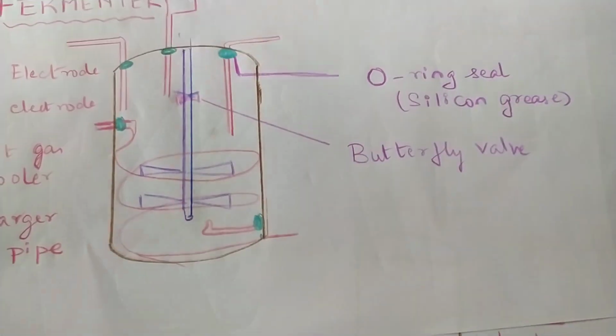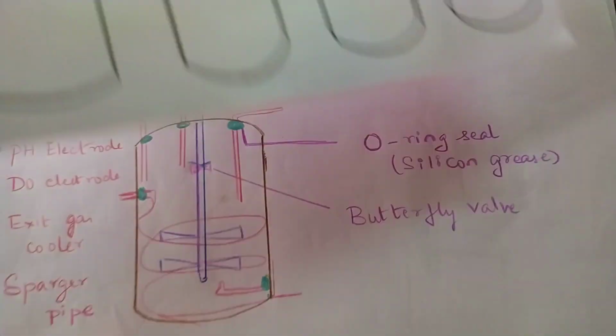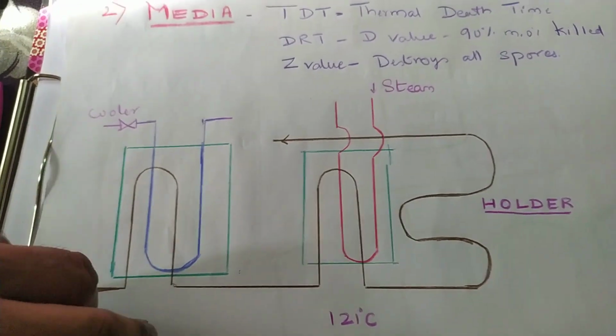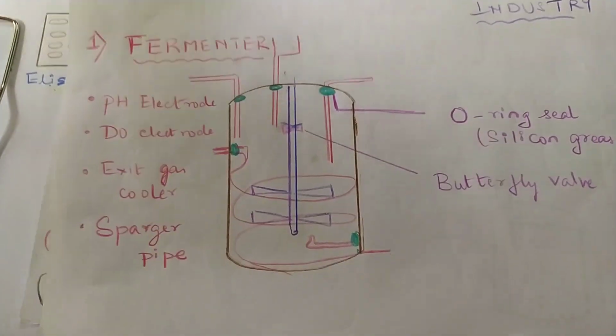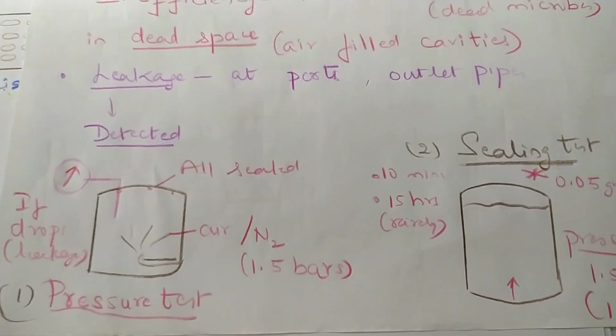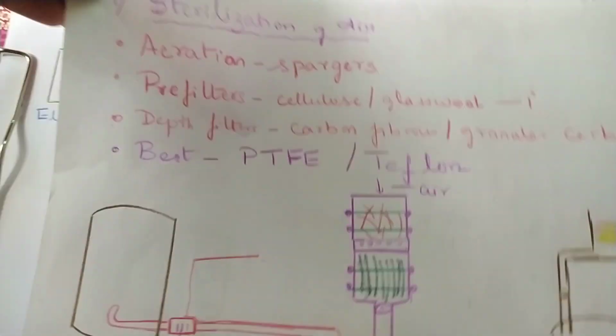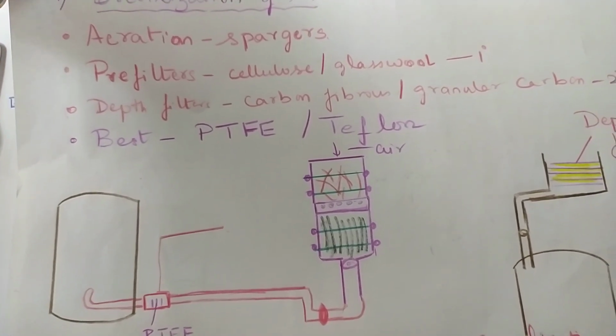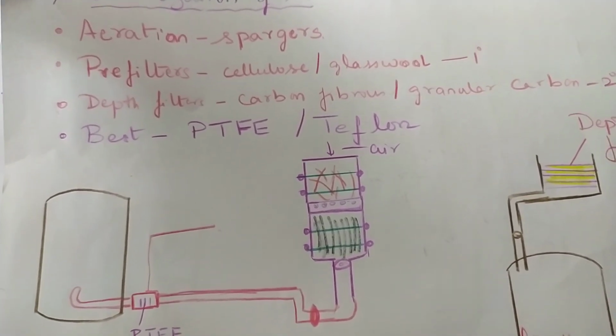Secondly, what I told you about was media sterilization, which is batch or continuous. Then we should understand that there is also sterilization of air: air sterilization, roll of cellulose, glass wool, PTFE filters, like that.